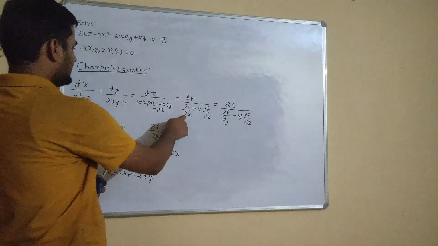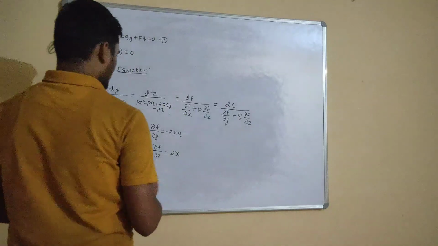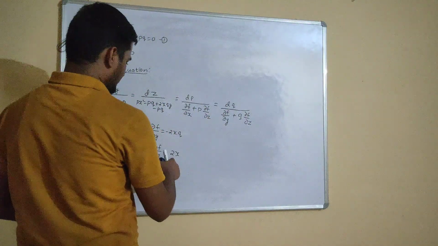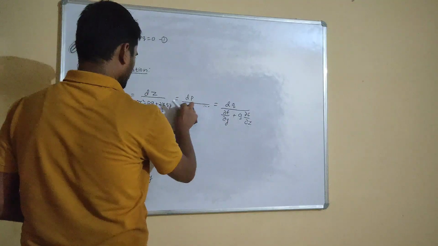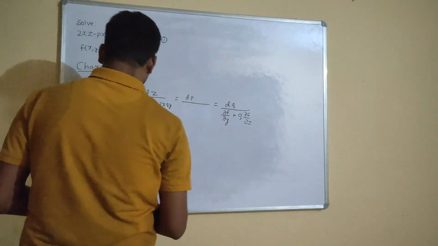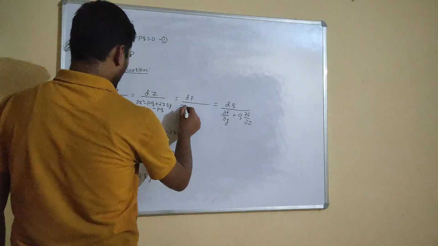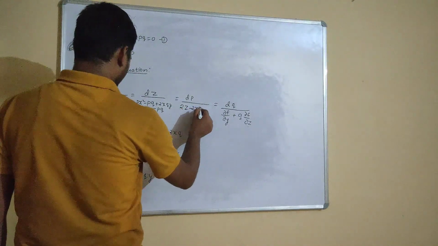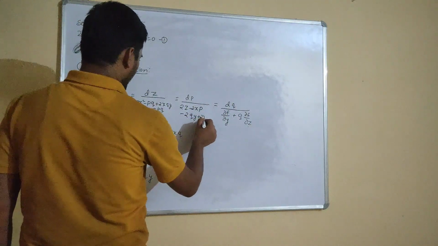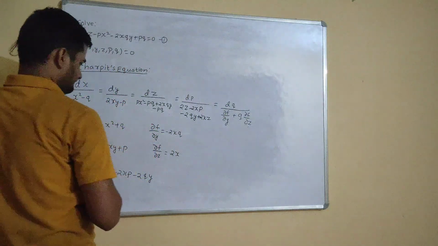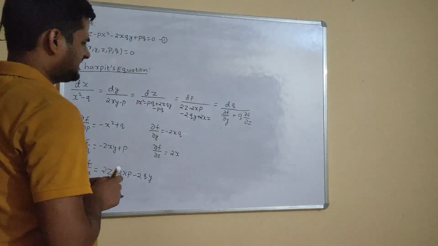Now coming to this term, del f by del x, which is this term plus p times del f by del z, which is 2xz. So this term plus 2xz. So 2z minus 2xp minus 2qy plus 2xz.